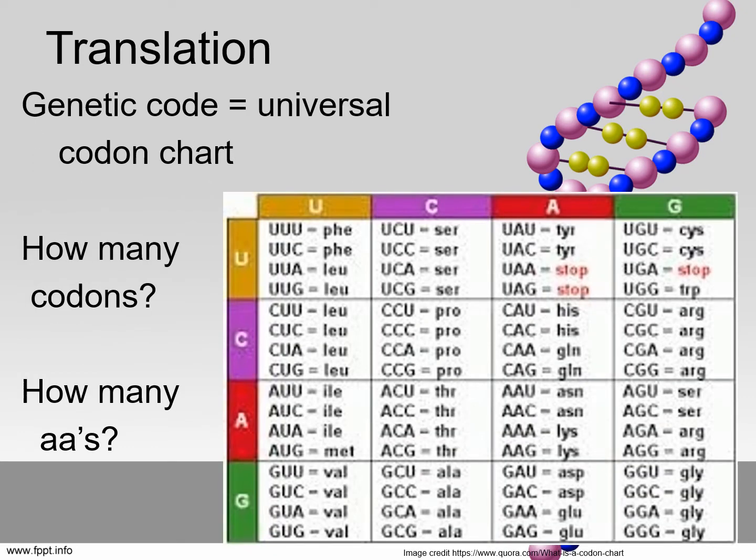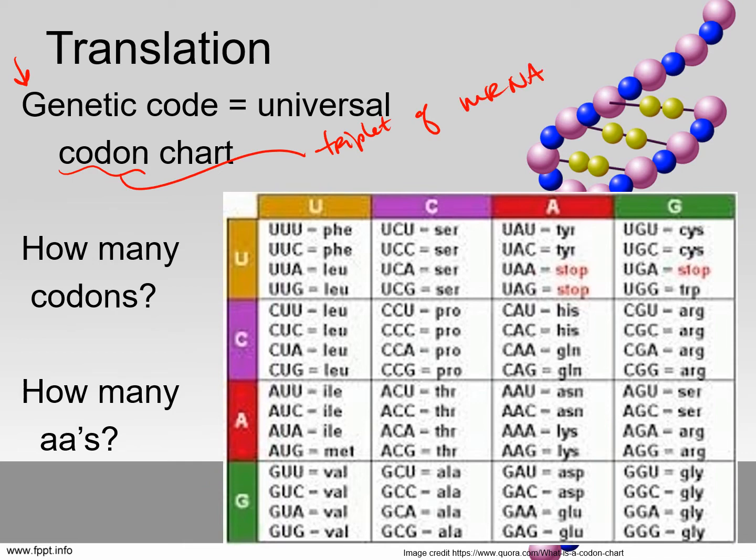We know what amino acids are coded for by these sequences of messenger RNA because we have figured out the genetic code, and then we organize that genetic code into a codon chart. A codon is a triplet of messenger RNA nucleotides.